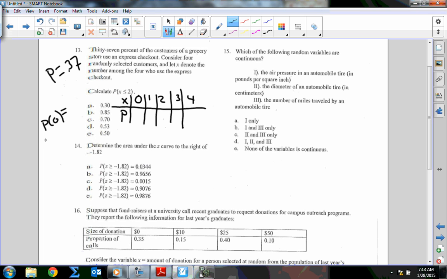All right, there's only one way that can happen. That's nobody goes. And so that's just going to be the probability of not going, which is 0.63, times 0.63 times 0.63 times 0.63, or 0.63 to the 4th power. And so when I throw that in my calculator, it comes out to be 0.158.